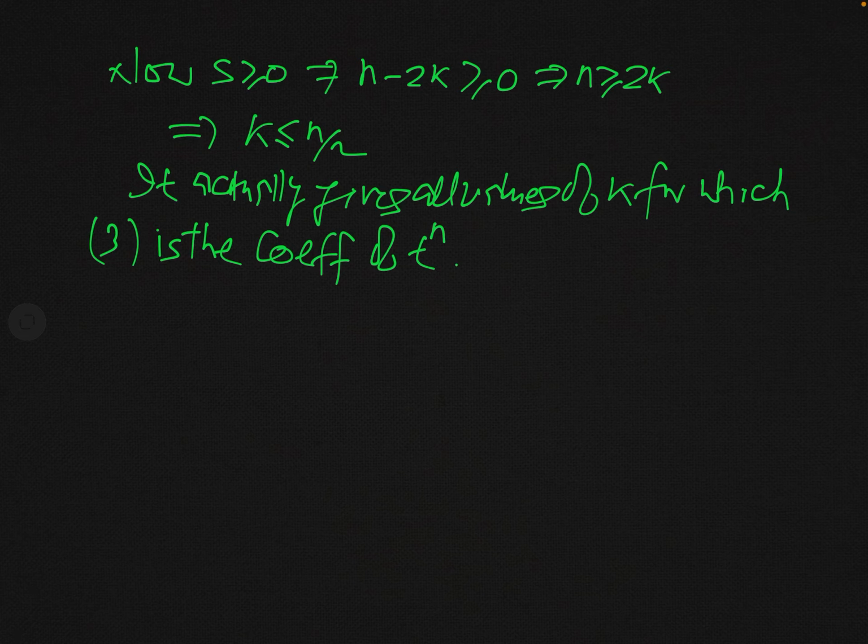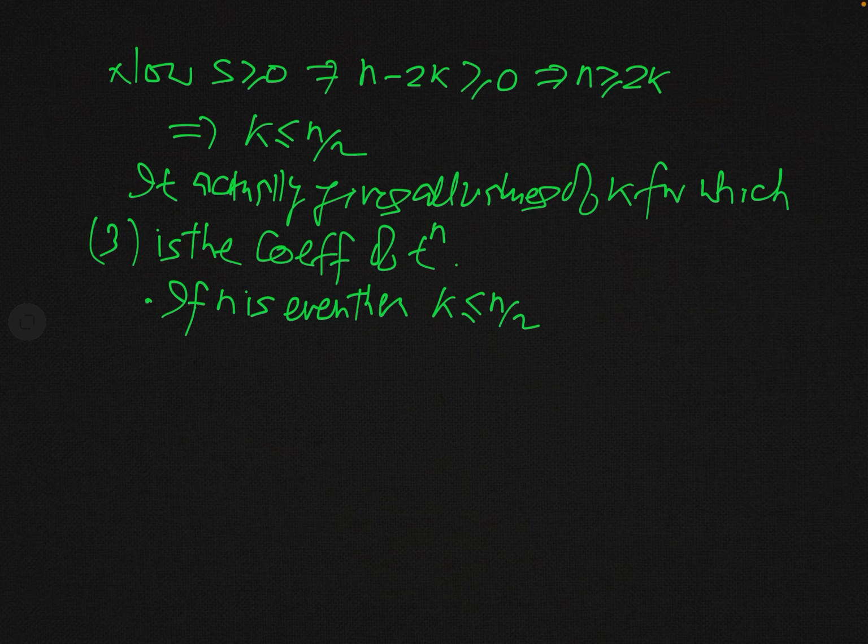Now you can see if n is even, then k will be simply less or equal to n by 2, because you know k has only integral values, and if n is an even number and you divide it by 2, you will get integers or whole numbers.